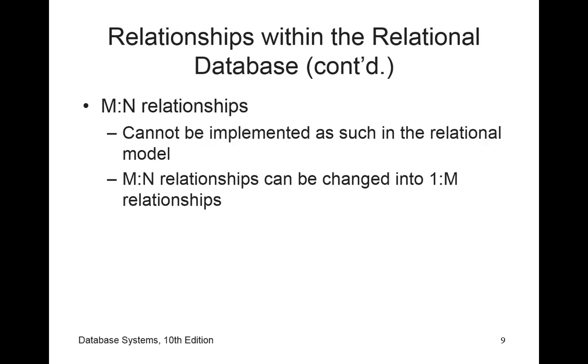The many-to-many relationship, they say, can't be implemented in a relational model. I like to modify this by saying it can't be implemented very well, if at all, in a model. You can get away with putting it in, but it's going to create some problems for you.